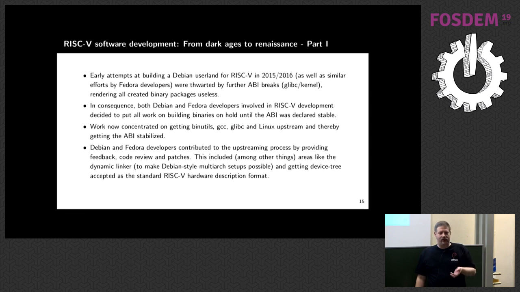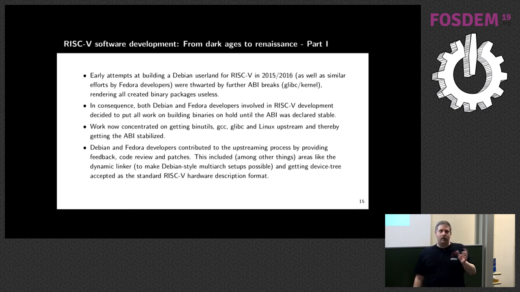That included some modifications to the linker for Debian-style multiarch support. That included getting an agreement about using device tree for hardware description, similar to what we use on ARM and on PowerPC, and recently also on MIPS.